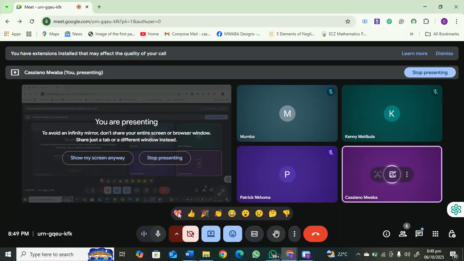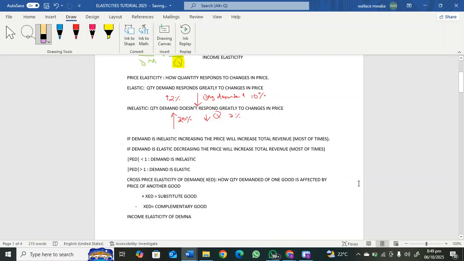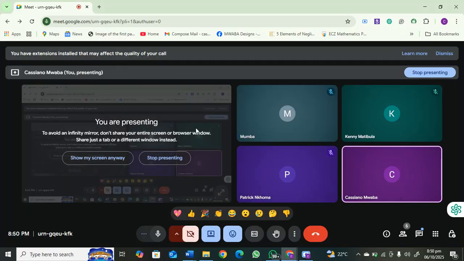Then there's this one which we call unit elastic. Unit elastic just means when your price elasticity of demand is equal to one. It means if you increase price by 20%, quantity demanded will drop by 20%. If you reduce price by 1%, quantity demanded will increase by 1%.